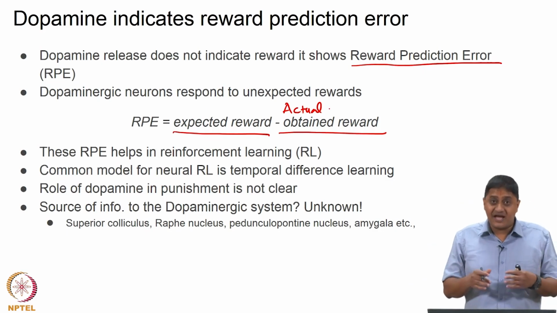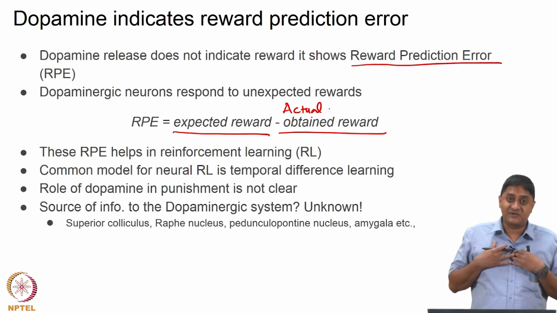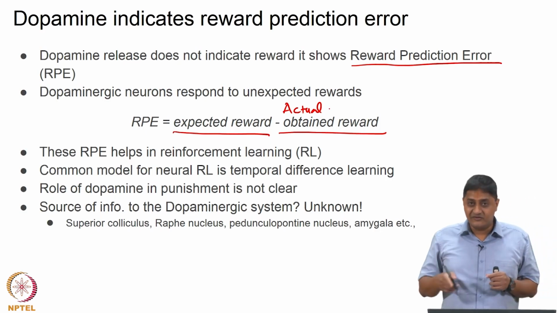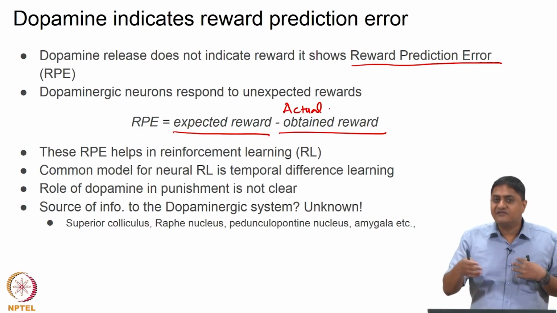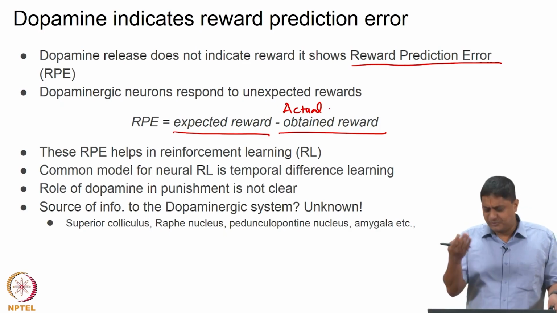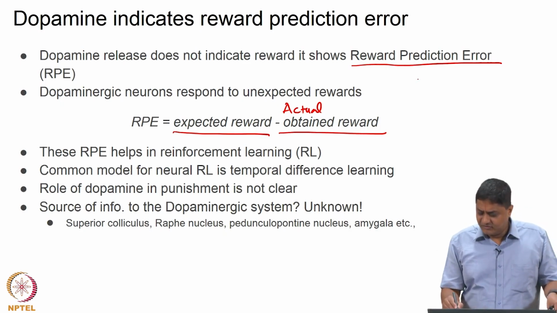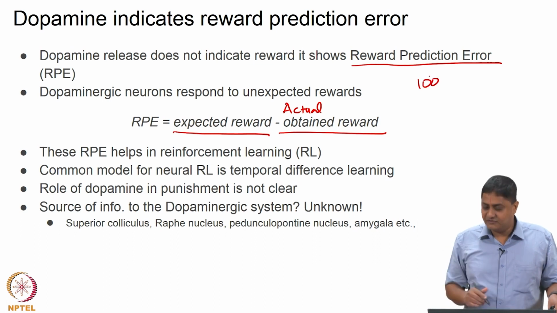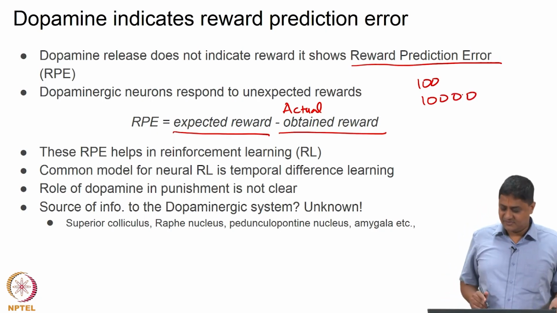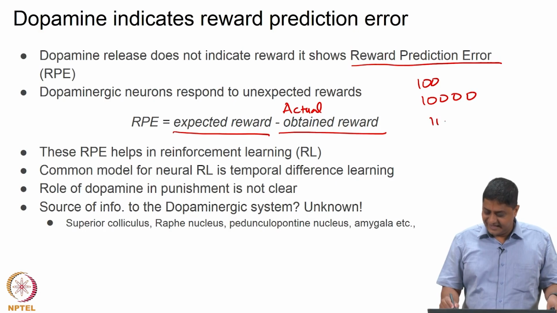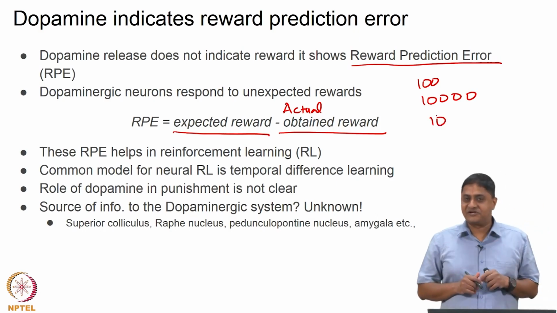I finish this dopamine class and go out, and there are multiple possibilities. They could give 100 as they said they will, they could give 10,000, 100 times as much, or they could give 10. Let us consider these three possibilities.